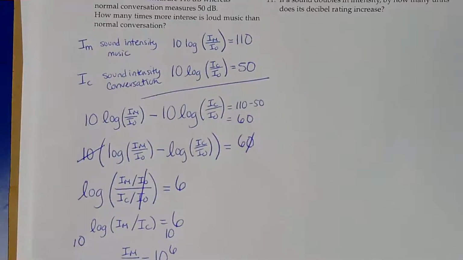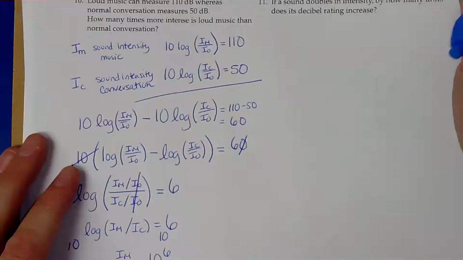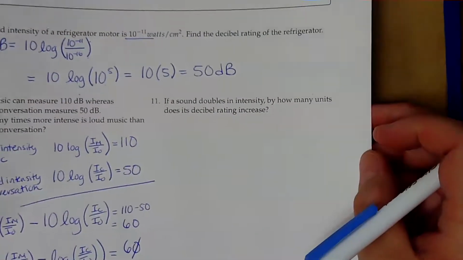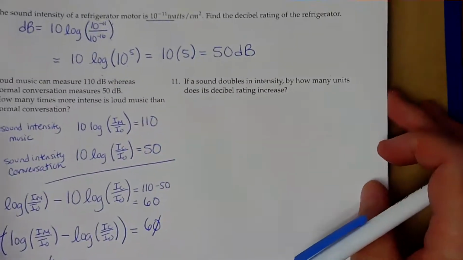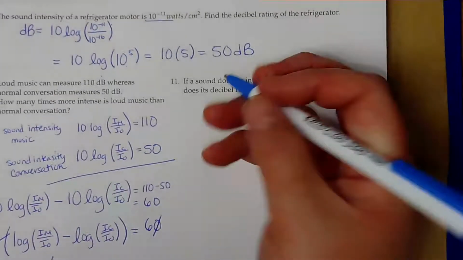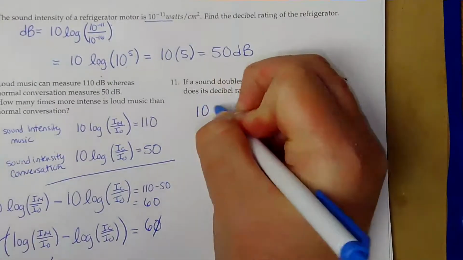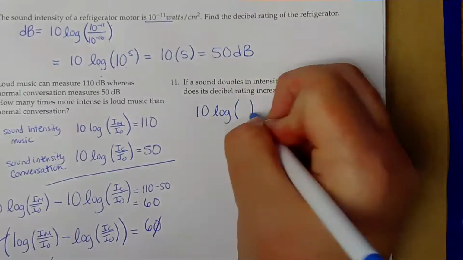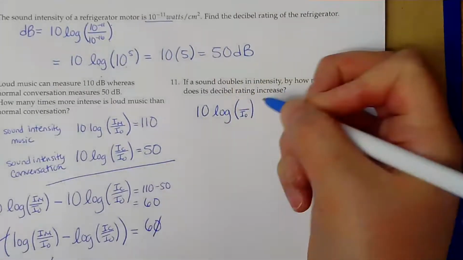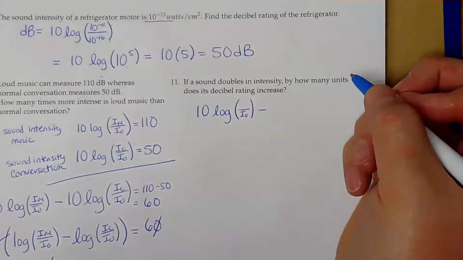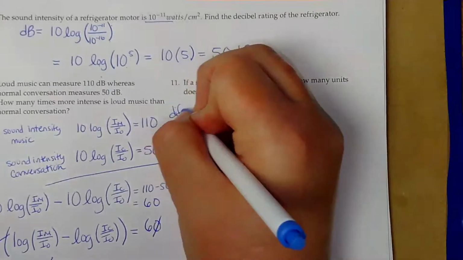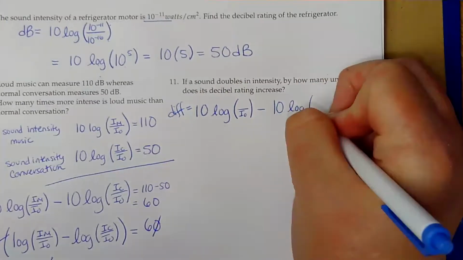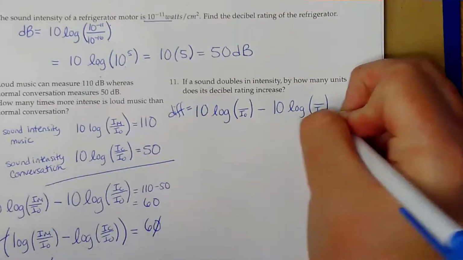All right, last but not least: if a sound doubles in intensity, by how many units does its decibel rating increase? I'm going to start with our equation. I have 10 log of something over I naught minus, since I'm looking for a difference, 10 log of something also over I naught.